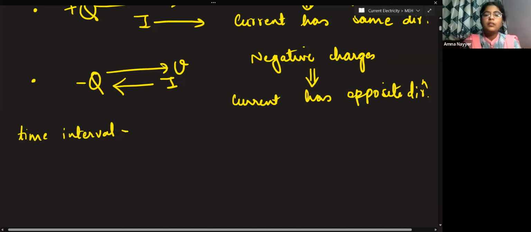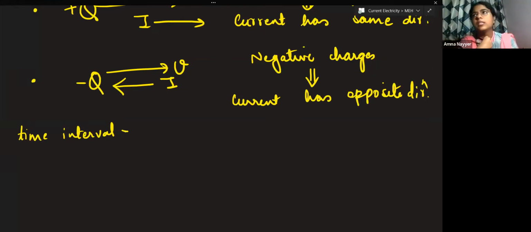Time interval means beginning from one time and ending at another time. Like, calculate the current from 0 to 2 seconds, or calculate the current in between 5 to 8 seconds. Like this, a duration is there. We call this an interval, where there is a beginning time and a termination time.